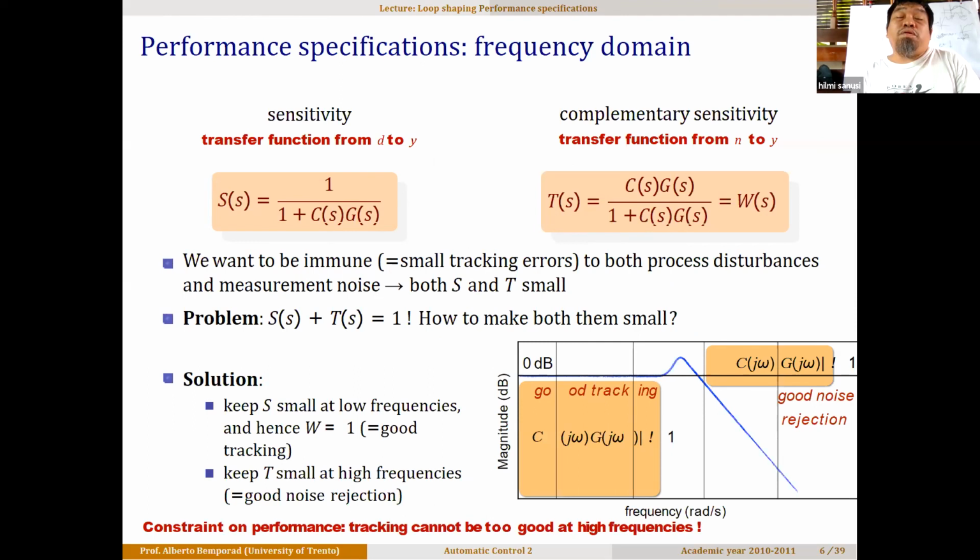If the tracking error is small, whatever we do is no problem, because the tracking error is small. For example, with an op amp, let's say my tracking error is 1 over 10 million, my gain is 300,000, my output will be very small.